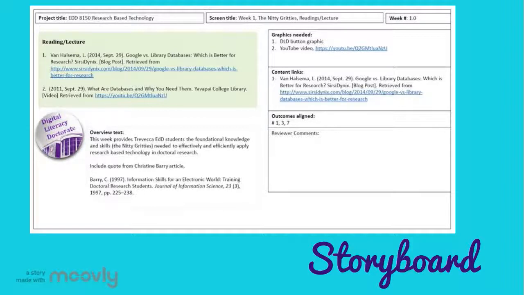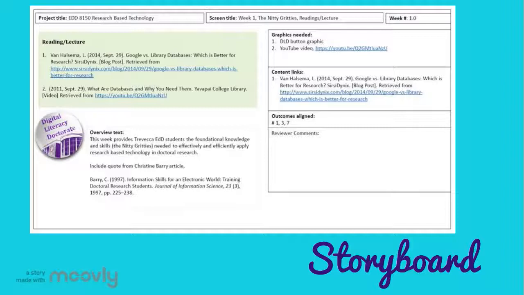A visual storyboard, such as the example here, was really helpful to identify all the moving components of the course. Each assignment was created on an individual storyboard. What you are viewing here is the first week, and it's the first assignment, which is the readings and the lectures.